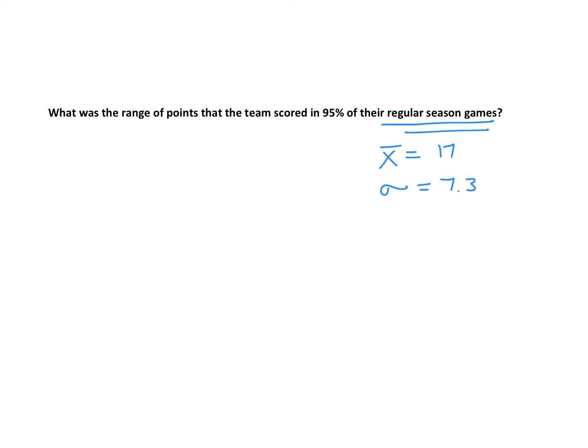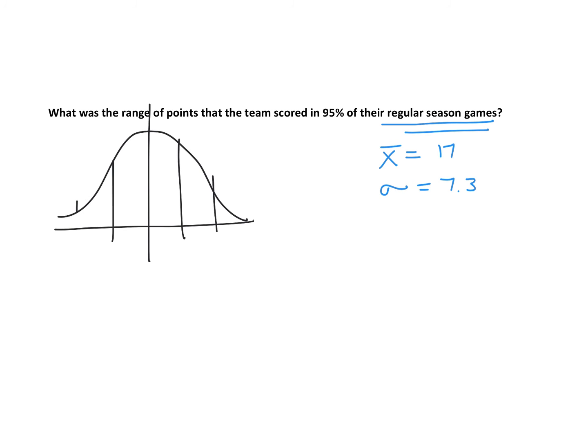Just a reminder how this works. When you have a normal distribution, you go 1 standard deviation, 2 standard deviations, 3 standard deviations away in either direction.